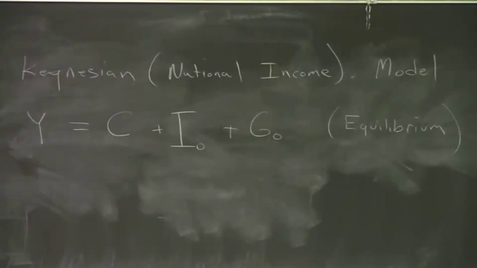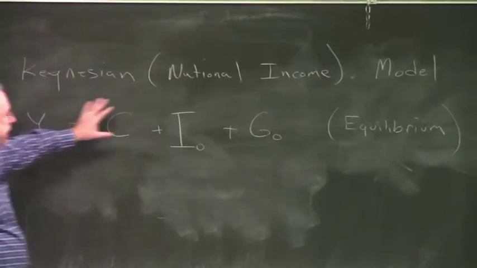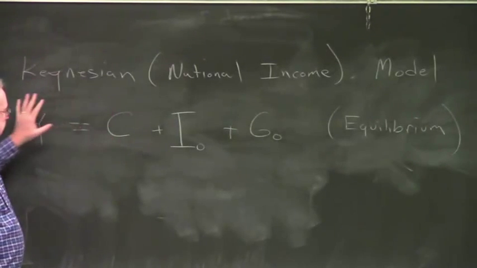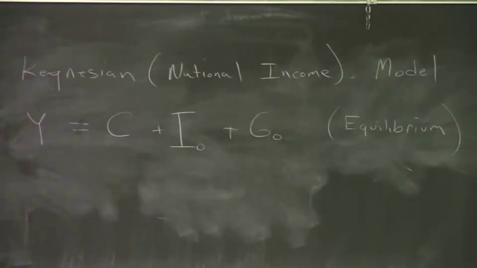You can sort of think of this right-hand side as being demand for goods and services. And this left-hand side, you could interpret as being the supply. National income will be equal to the aggregate demand for goods and services. The other equation is a behavioral equation, which explains how consumption expenditures change.